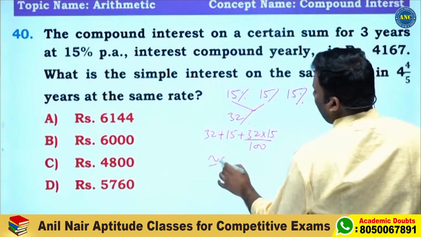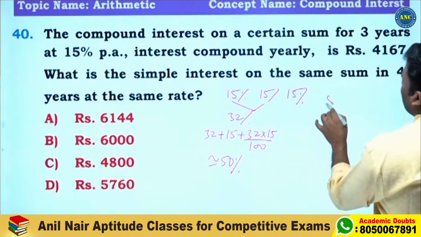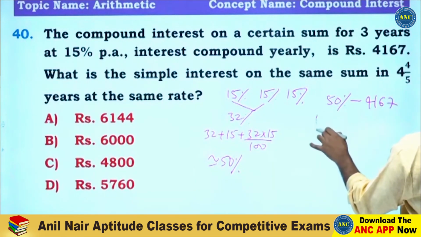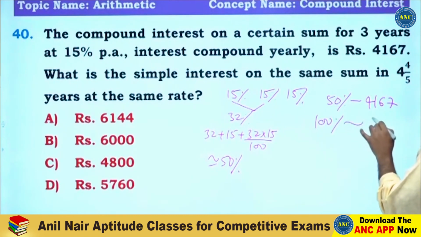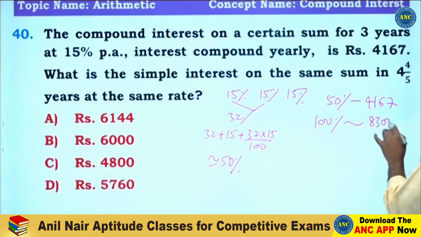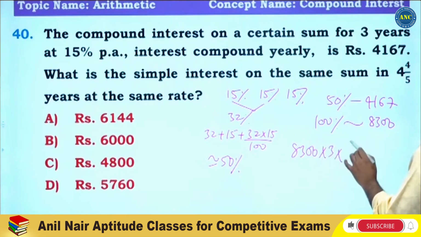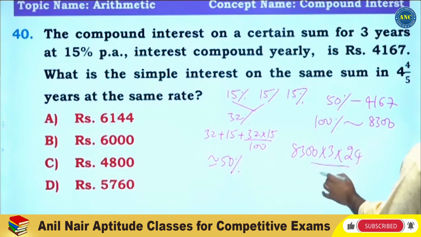Around close to 50%. That means 50% it is 4167. 100% it will be close to 8,300. So 8,300 into 3 into 24 by 5. Approximate answer. Are you all with me?